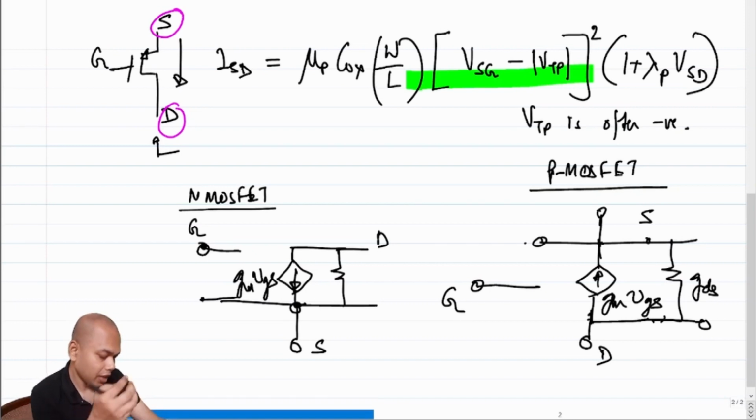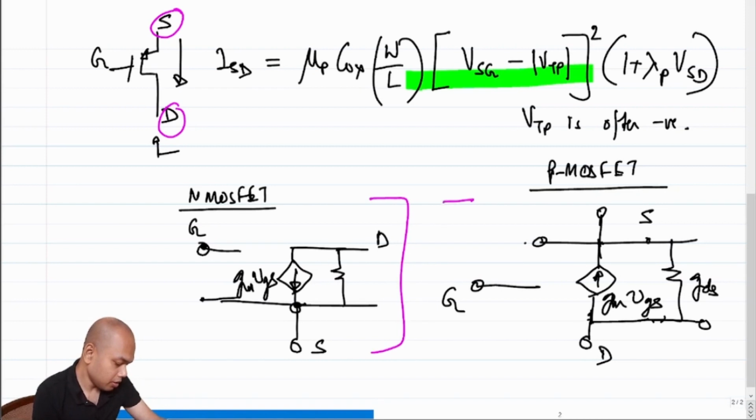We have again the gate terminal, source terminal, drain terminal. We have Gm VGS on both sides, and we also have the current flowing from drain to source. So essentially these two are incrementally identical.